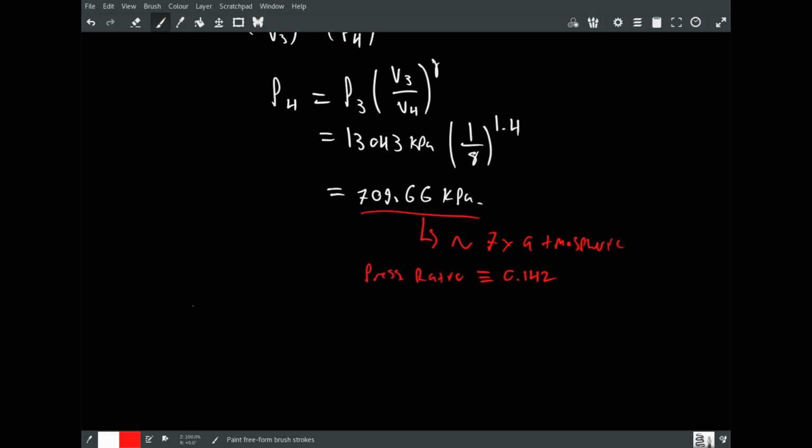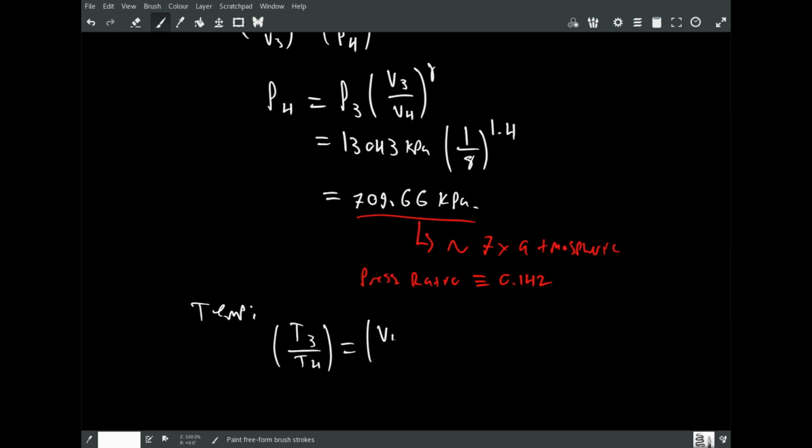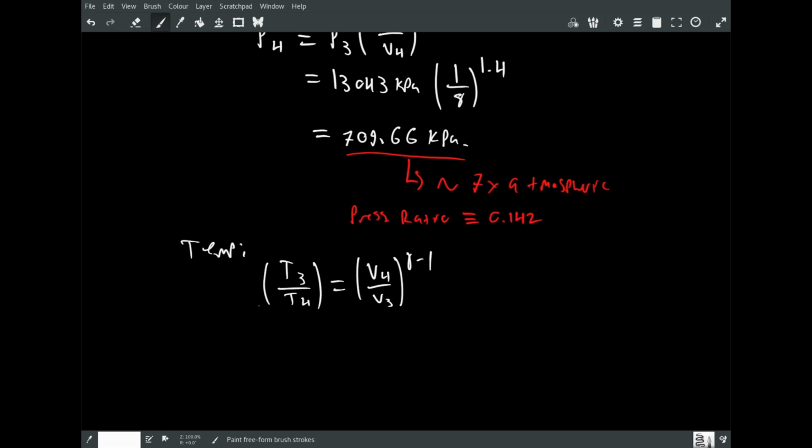Now let's get our temperature. So, similar to before, we're going to have T3 over T4 equals V4 over V3 to the gamma minus 1. So we can calculate our T4.